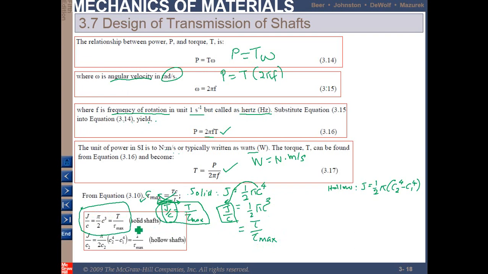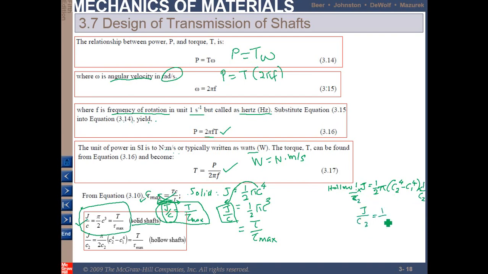So in the case of a hollow shaft, because you want to make this J become J over C, you have to multiply by 1 over C2, since we take the maximum radius. So this one also you have to multiply with 1 over C2, so you will get J over C2.